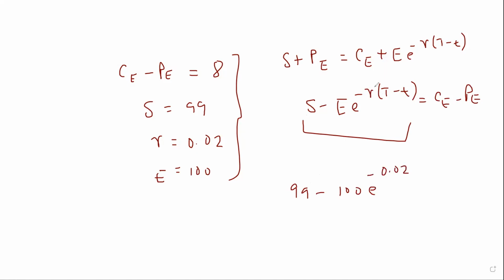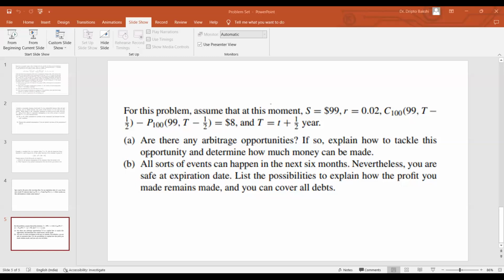By the way, what is the difference in time? Half a year. See, I'm standing at t minus half and the expiration date is t plus half, right? The one in the bracket within the call and put, that's the current time.